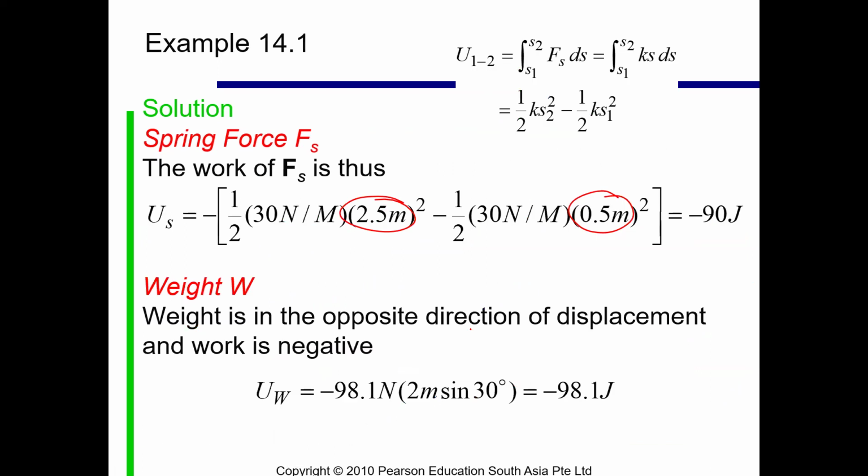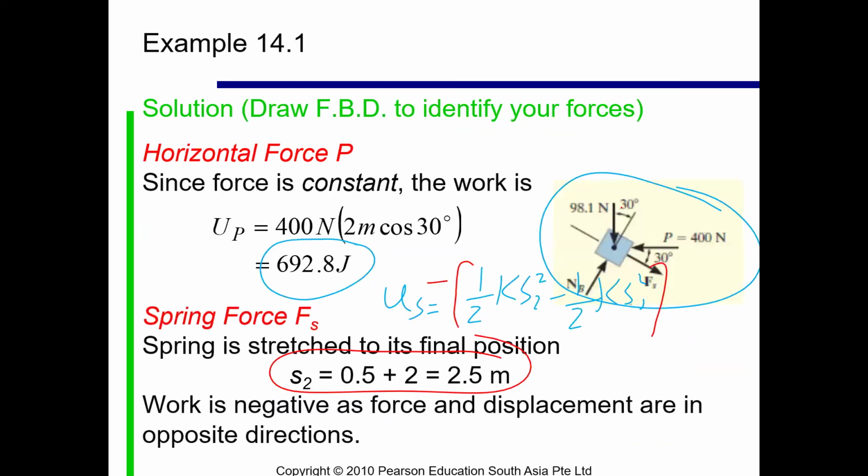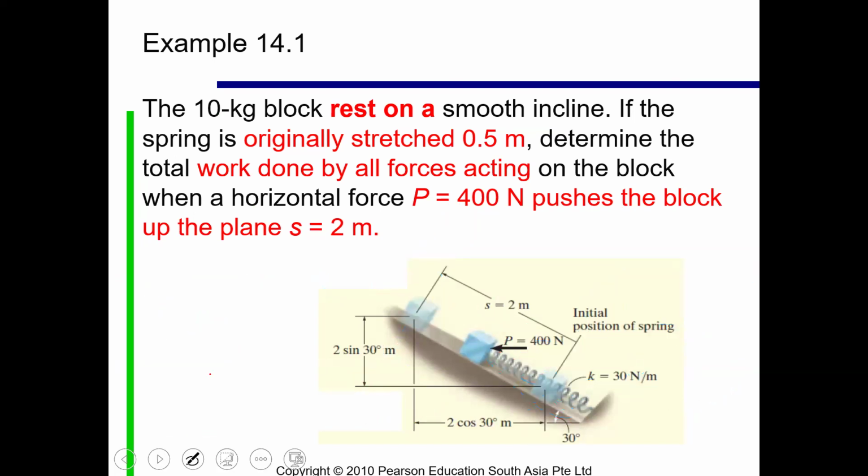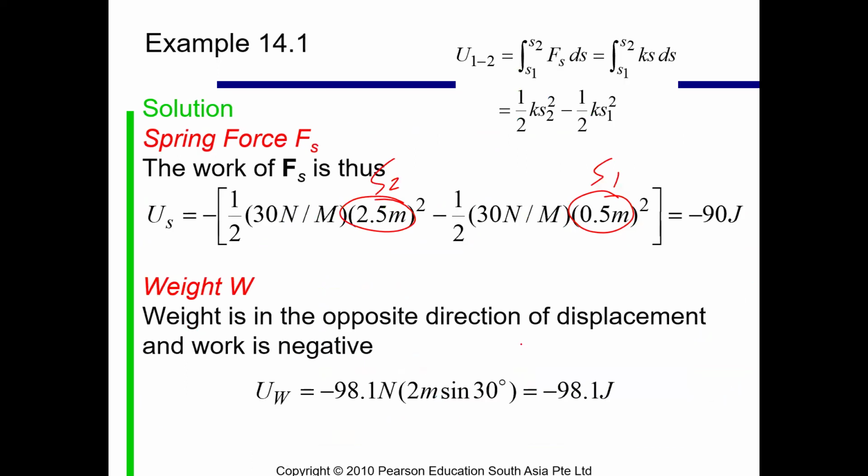So you put the S2 value, you put the S1 value, K is already provided in the question. The value of K is 30 Newton per meter, which is also provided. So you can go ahead and execute this equation. Just verify that the answer is right and the calculations make sense to you.